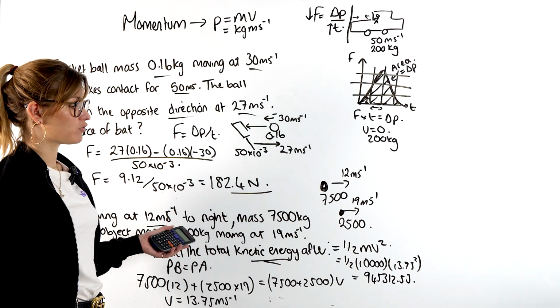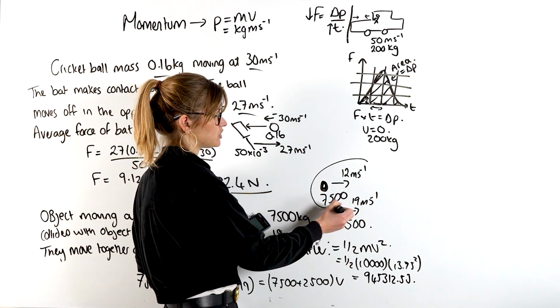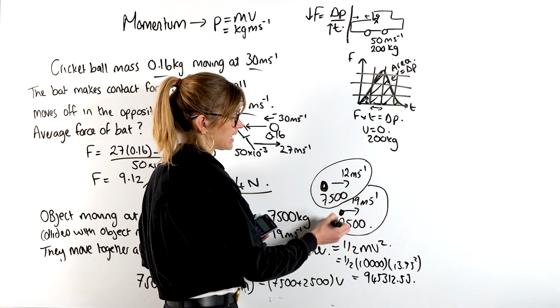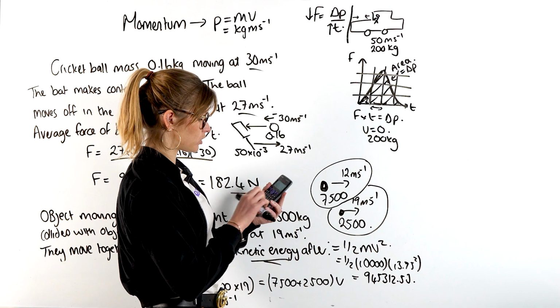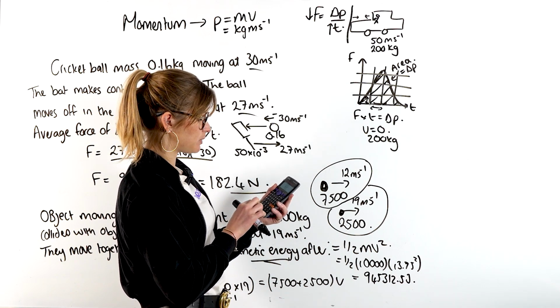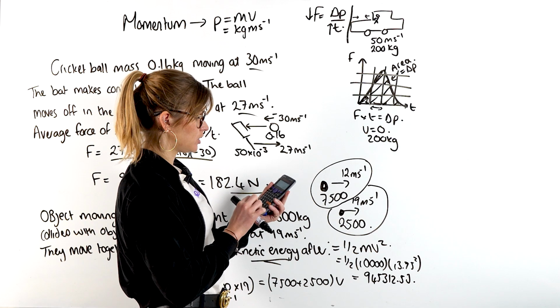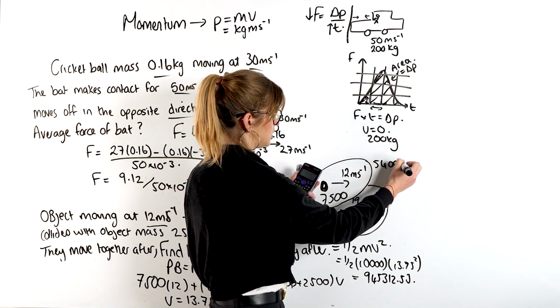Okay, so you can even calculate the total kinetic energy before. And if you do the total kinetic energy before here, it's not going to give the same number. So I do the kinetic energy of this object, and I add it to the kinetic energy of this object. My kinetic energy here is going to be 1/2, or 0.5, times by 7,500 times by 12 squared, which is going to give me 540,000.